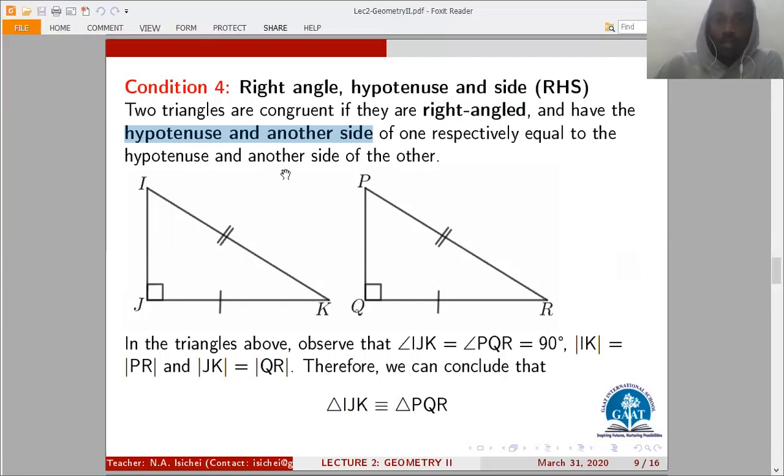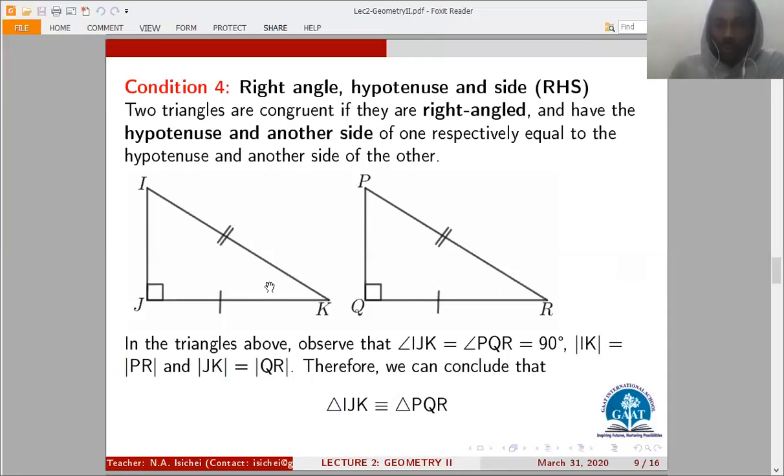That is, first, the two triangles in question must be right-angled. This first condition is satisfied. You can see one of the interior angles is 90 degrees. Second, length JK is equal to PR. Condition 2 is met. Length JK is equal to QR. Condition 3 is also met. So we can conclude that these two triangles are congruent.